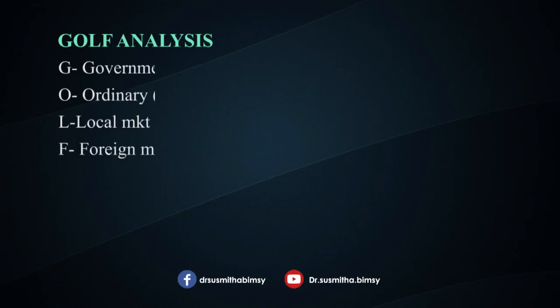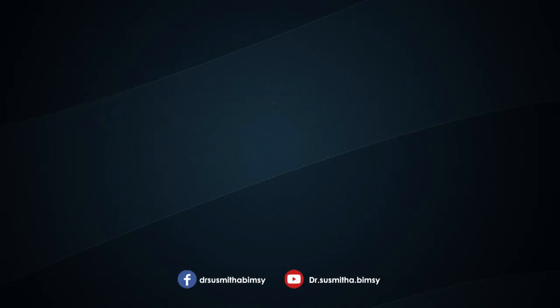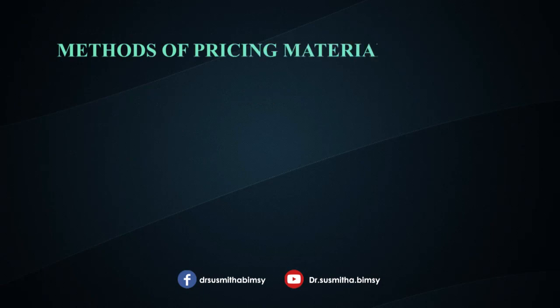The letters stand for government, ordinary, local, and foreign. This classification of inventory items is done considering the nature of supply. Under this classification, G indicates government controlled supply, O indicates open market supply, L means local supplies, and F for foreign market supplies.